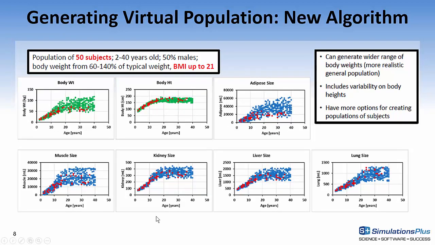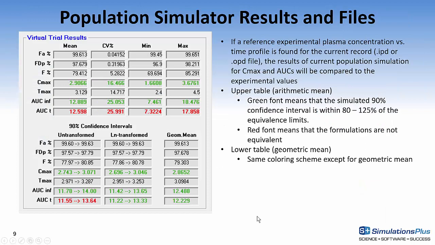This next slide shows just that the more subjects you have, the wider the variability. So the red points here are just for a population of 50 subjects, whereas the other one was 10 times as much.